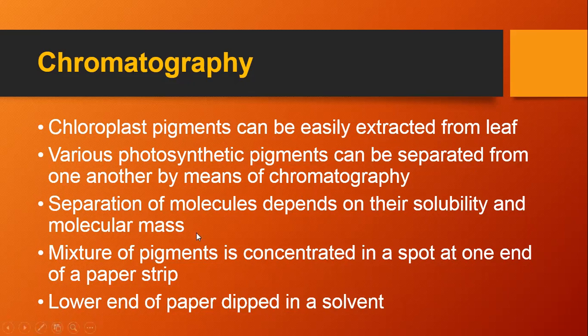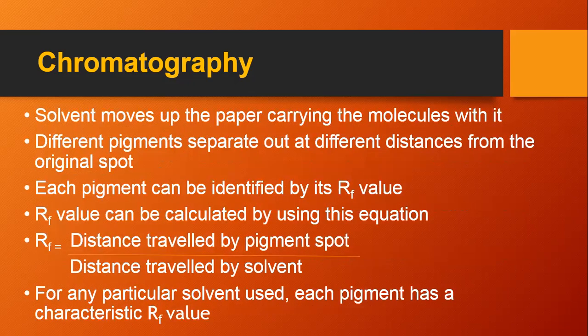And remember, we should keep in mind that the separation of molecules depends on their solubility and molecular mass. So we take a mixture of pigments, the extract which has been taken from the leaf, and that is placed in the form of a drop at one end of a paper strip, and then the lower end of the paper strip is dipped in a solvent, and we put it inside a cylinder which is meant for chromatography.